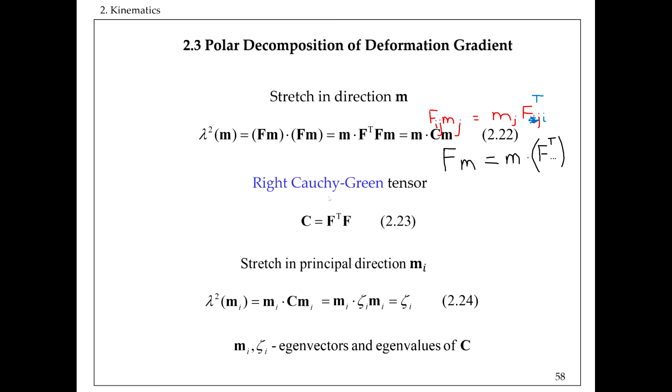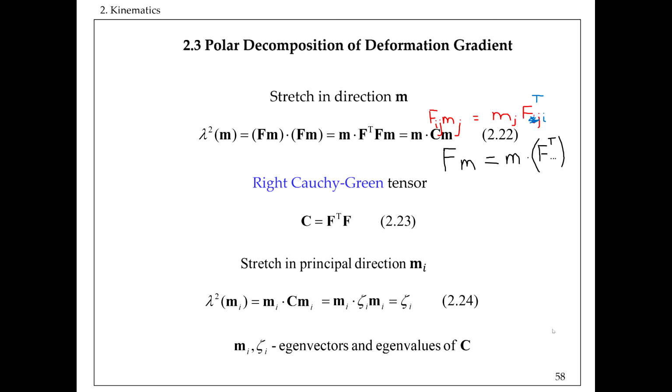Once we calculate our right Cauchy-Green tensor, we can solve the eigenvalue problem, and the result will be a new principal coordinate system in which the eigenvalues define the principal stretches in that new direction.